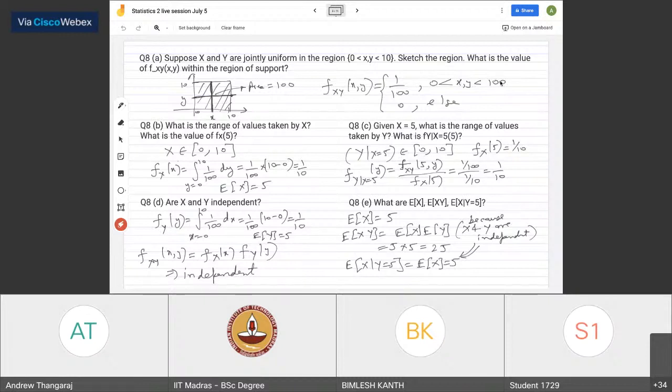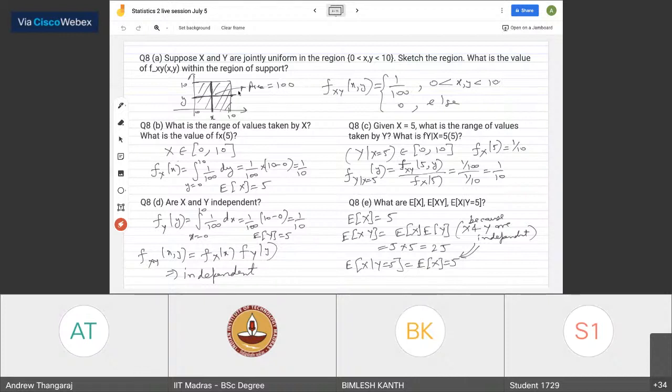Again, there is a mistake here. It's not 0 less than xy less than 100. It's 10 only. This is correct. It's 10. Okay. So that's the way to think of it.